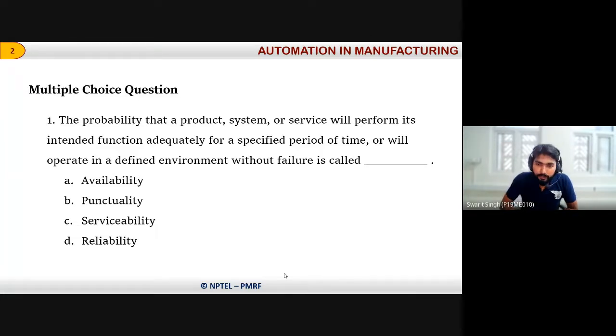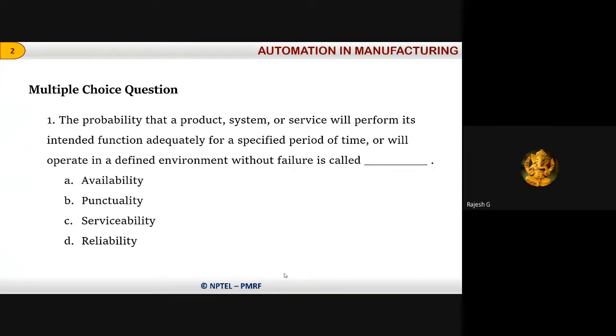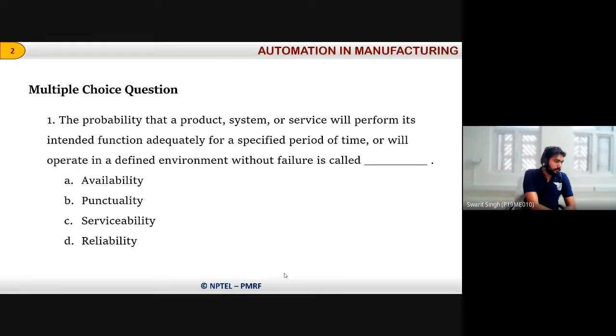I read the question. The probability that a product, system, or service will perform its intended function adequately for a specified period of time, or will operate in a definite environment without failure, is called. So reliability, sir, the answer is reliability.